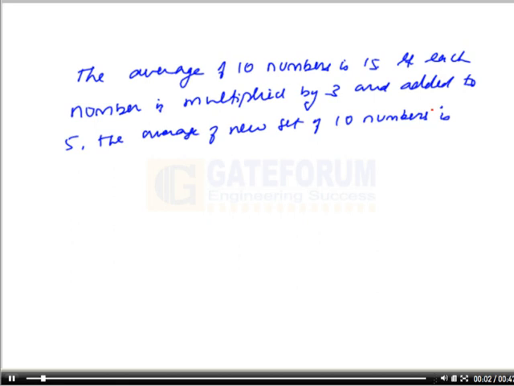The average of 10 numbers is 15. If each number is multiplied by 3 and added to 5, what is the average of the new set of 10 numbers?